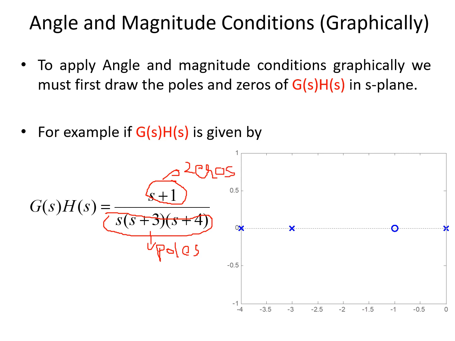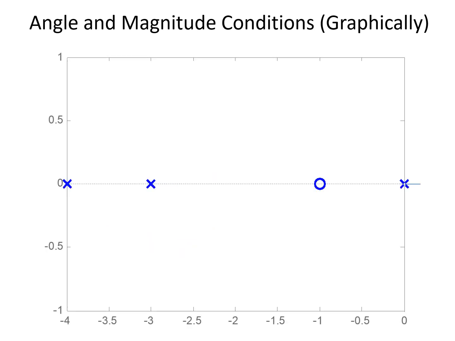So if we observe here, we have 3 poles. One pole is at the origin, another pole is at minus 3, and one more pole is at minus 4. So 3 poles at s equal to 0, minus 3 and minus 4, and we have a zero at s equal to minus 1.